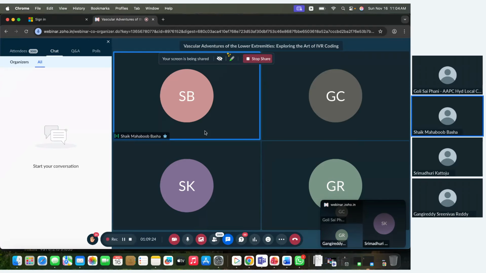In the popliteal artery, they have done angioplasty. 3 different blood vessels of the same territory, 3 different interventions: stent, atherectomy, and angioplasty. Now, which one will go? Someone says only atherectomy, someone says atherectomy and stent.